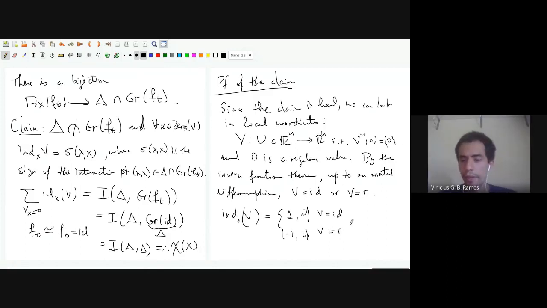Okay, so let me call this number Q for now. So Q is a number that's either plus or minus 1. So what we have to show is that when you look at the intersection of the diagonal with the graph, first it's going to be transverse, and second that the intersection number, the sign, is the same as this Q.